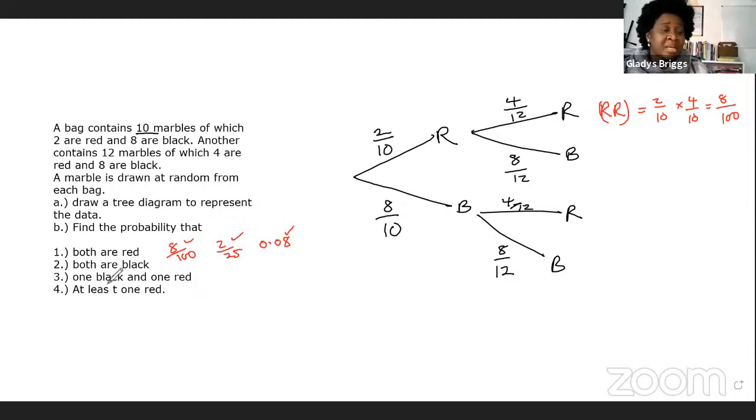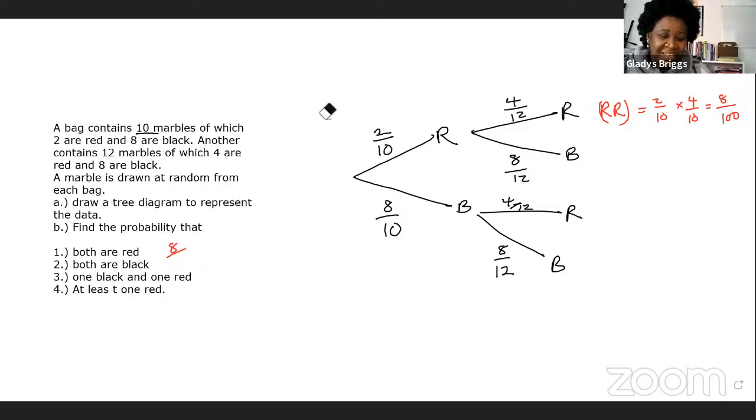All right, how about the black and black then? Abra, he might be right. I see a problem.